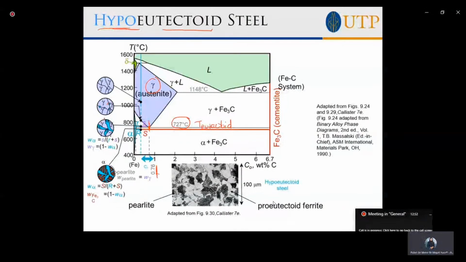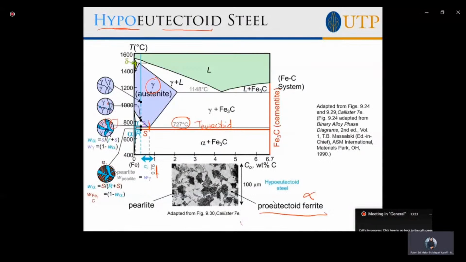So whatever gamma you have left before crossing the eutectoid temperature will convert into alternating layers, but the alpha that you formed before the eutectoid temperature will remain as that river flow. The alpha that you formed before is what we call pro-eutectoid alpha. This is called pro-eutectoid ferrite, where ferrite is alpha.